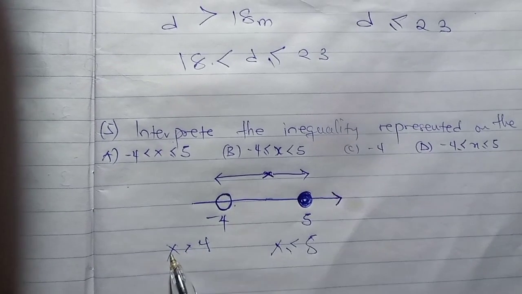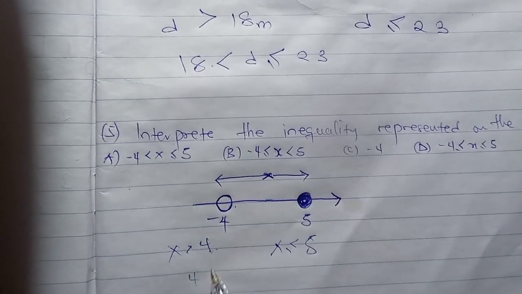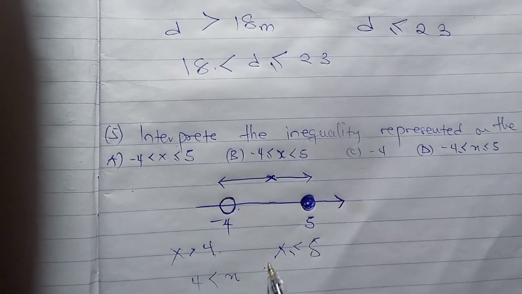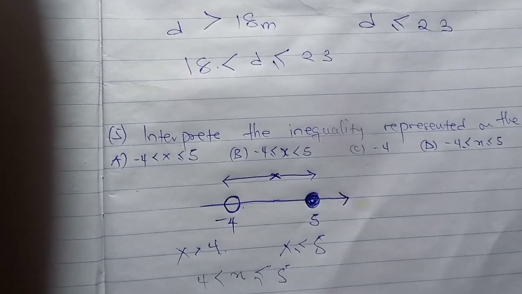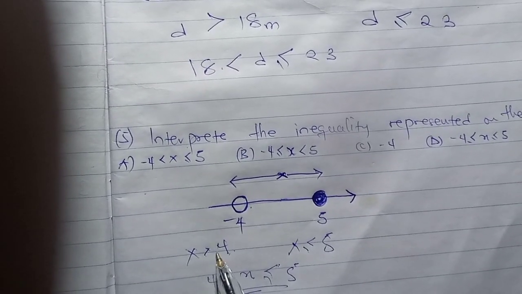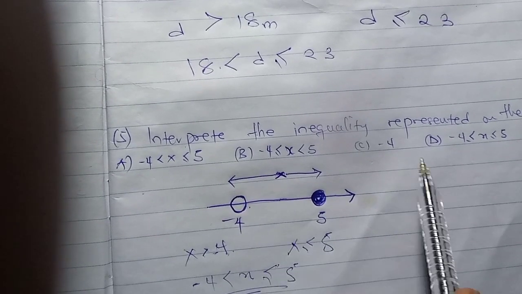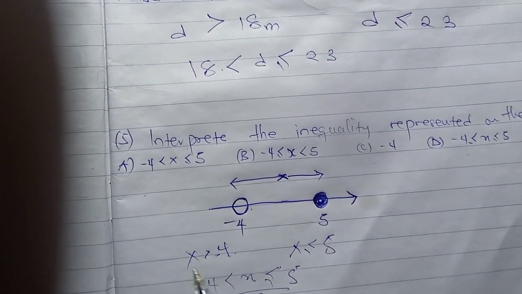So since x is greater than -4, it means that -4 is smaller. So -4 is less than x, and x also is less than or equal to 5. Comparing this, the correct option is option A.